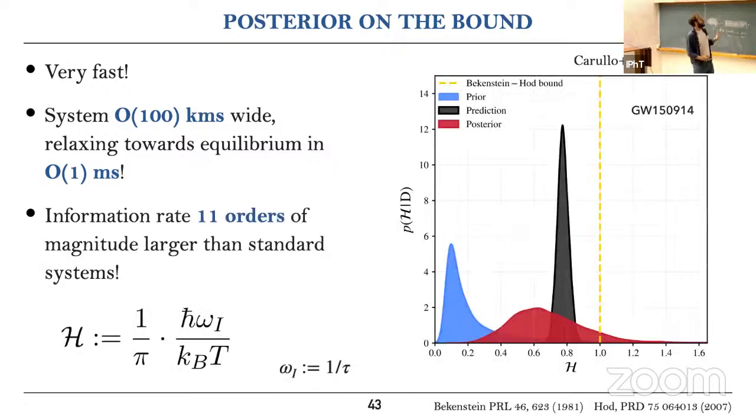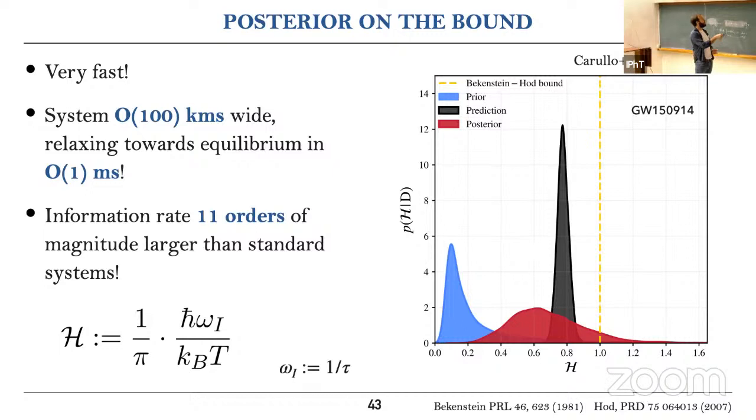The way I like to put it, when I think about systems going to equilibrium, I think about information emission. There is a very nice paper by Bekenstein where he derives an upper bound: if you assume causality and all the standard laws of GR and thermodynamics, there is an upper bound on the average rate of information emission that you can get from the system. And in another paper, Hod translated this bound on information emission to black holes.